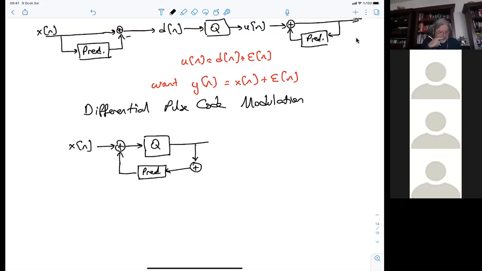But I'm going to do one thing, because if I use this thing for prediction, I cannot make a prediction from it. It is the prediction error here, right? By the way, there is a subtraction here. I'm subtracting my prediction from the signal.